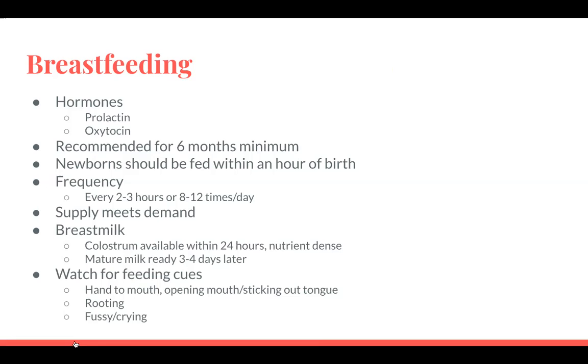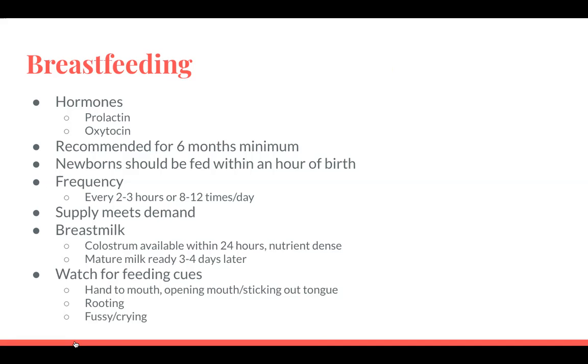And then you have the milk ejection reflex, or the letdown, caused by the contractions of the uterus. So you want to give oxytocin so that the uterus is able to contract and shrink back down. Again, delay the bath. They need the vernix in order to be protective.